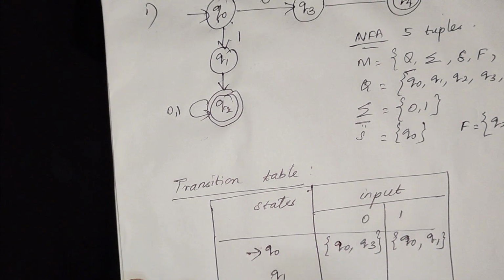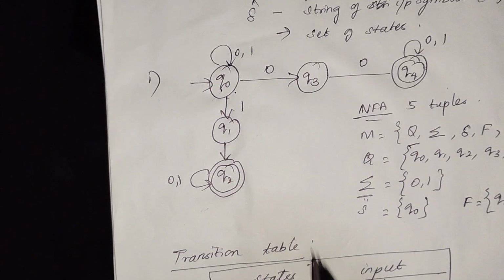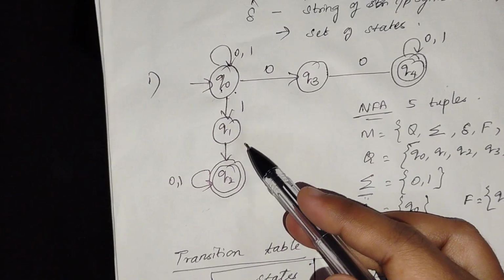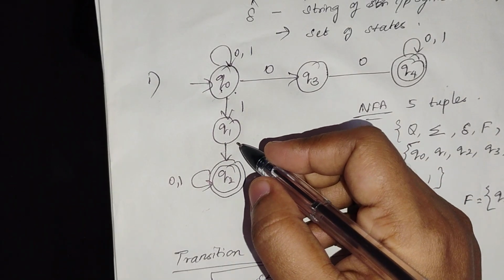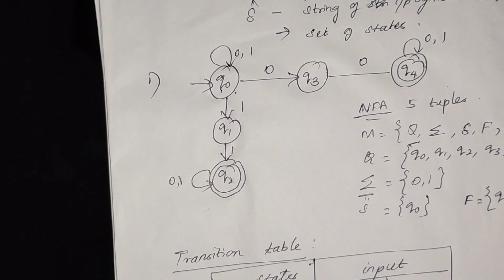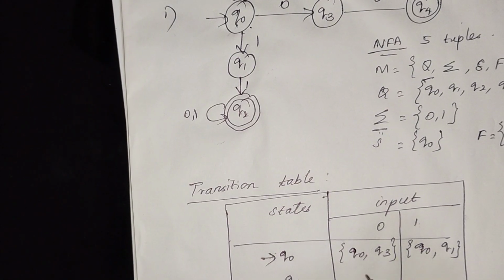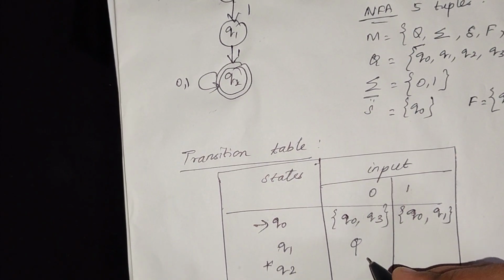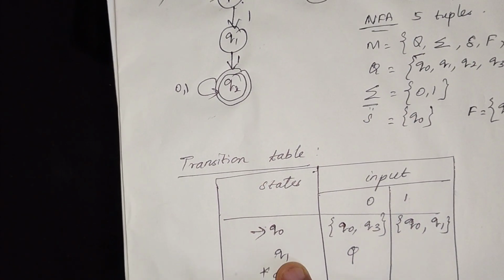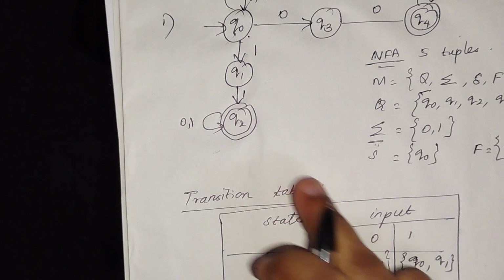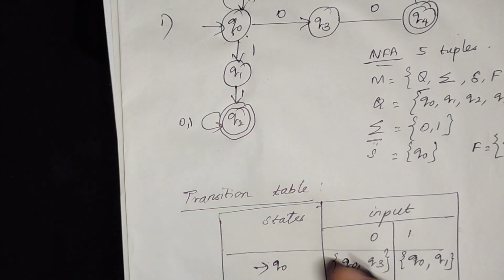Then for Q1 with the input symbol 0, there is no transition, so it is empty. Then for Q1 with the input symbol 1, there is a transition to Q2.